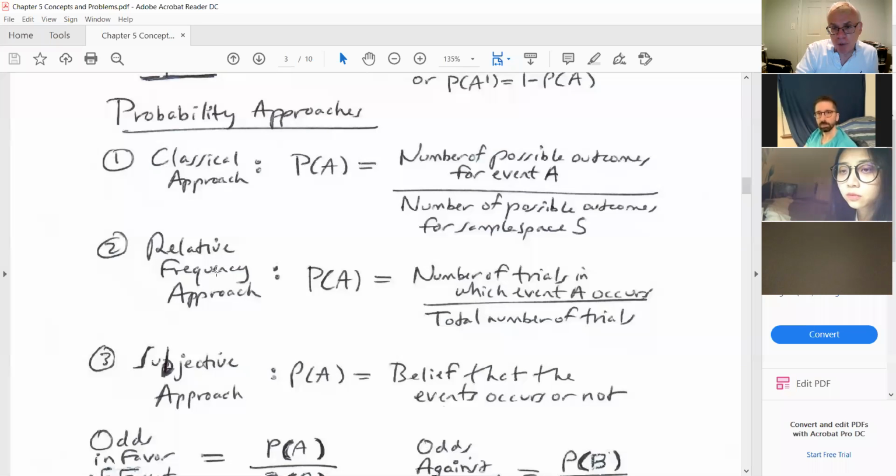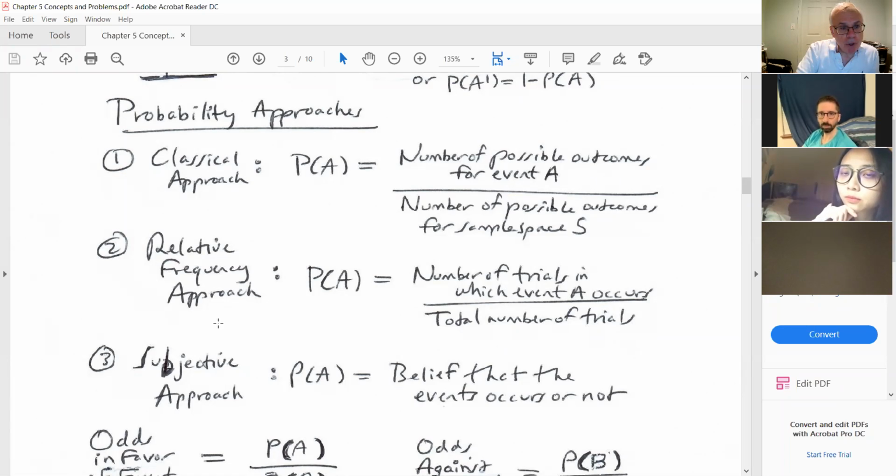Remember when we did the histogram and the frequency? We did that last time. Instead of counting the number of people in each of the classes, we're taking a relative frequency of each of the classes, which means it's the count for that class divided by the total number of people in the survey.